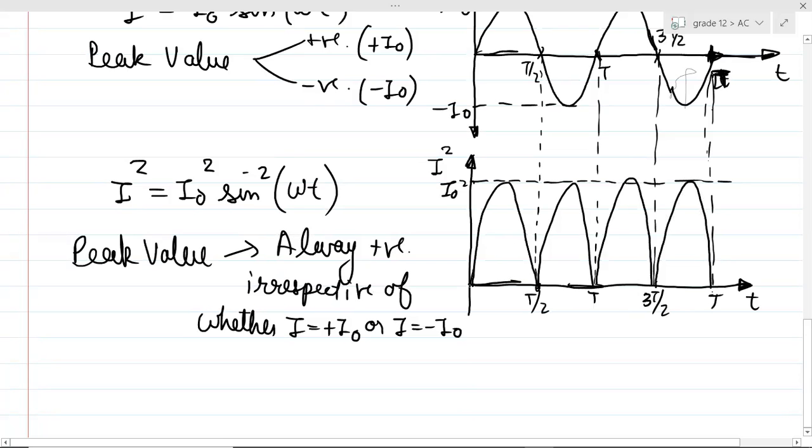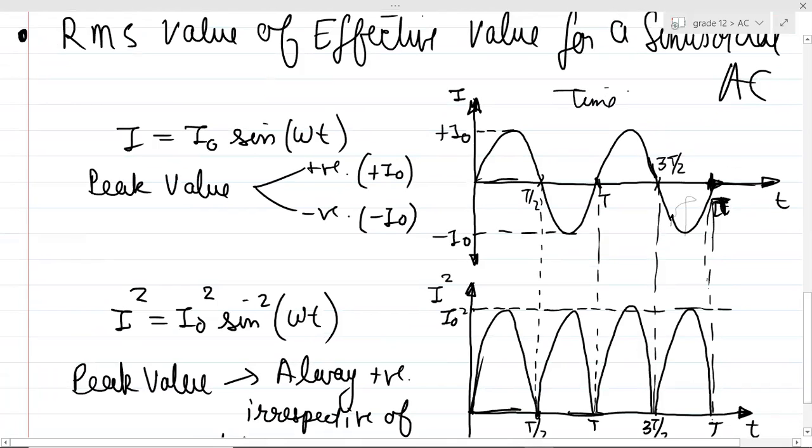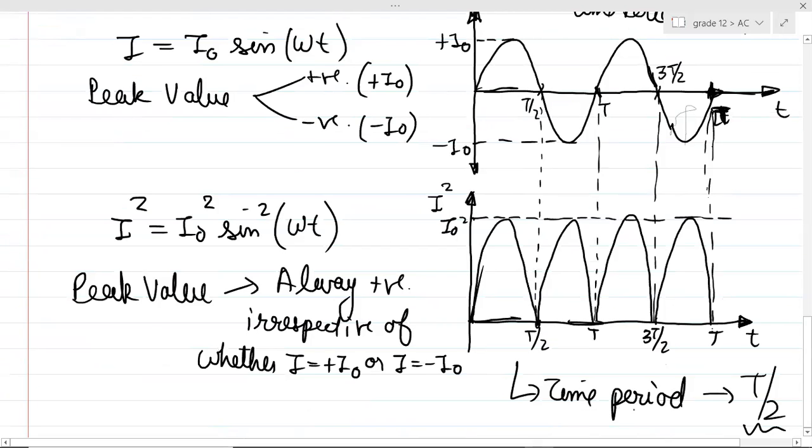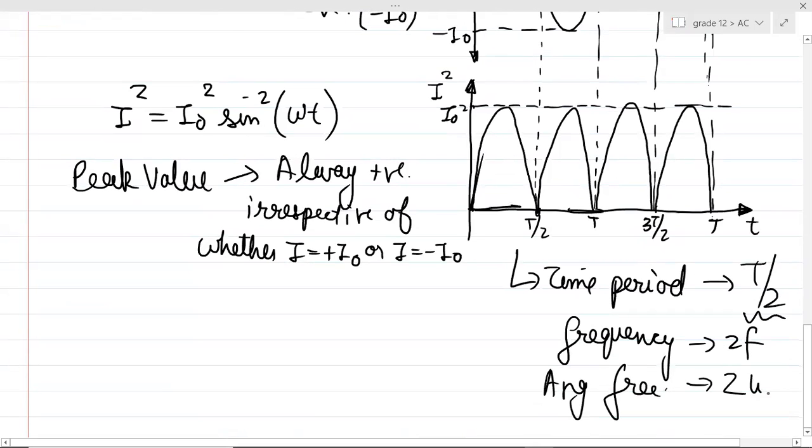Can you see the function will start repeating from T by 2? Earlier it repeated only after one cycle was completed, till T. So now the time period of this function is T by 2, not T. And please remember, if the time period becomes T by 2, that implies the frequency will get doubled, and the angular frequency will also get doubled.